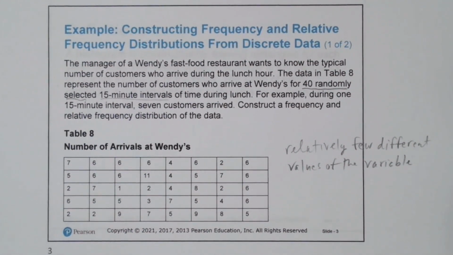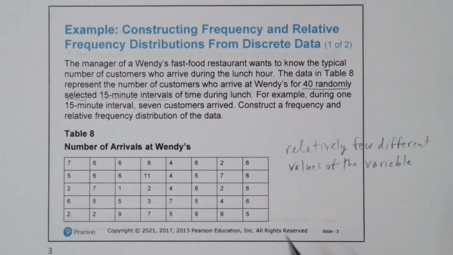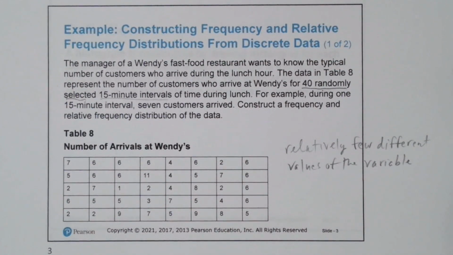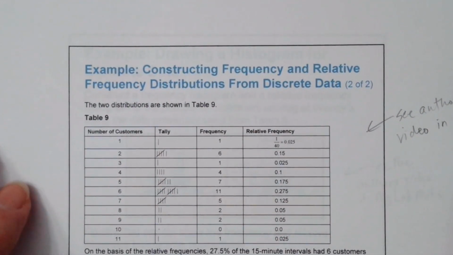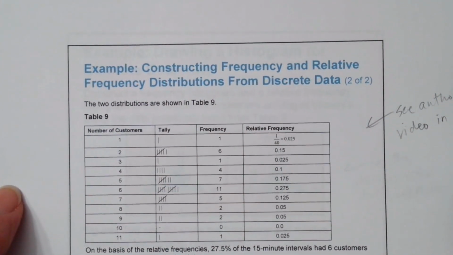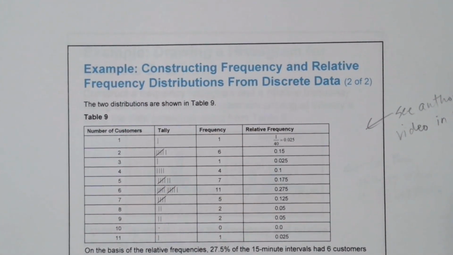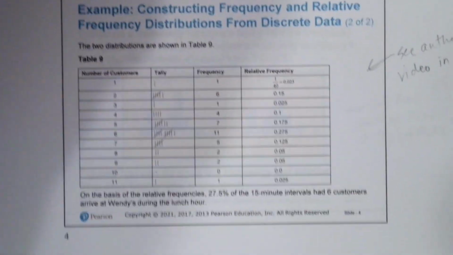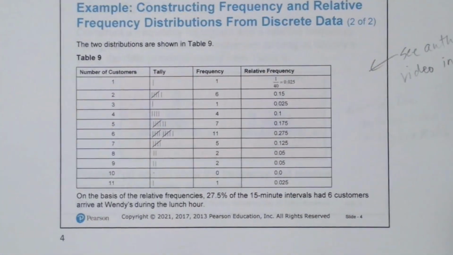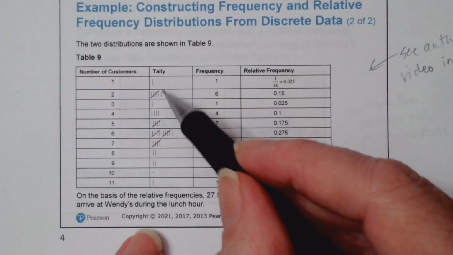All right, so let's go ahead and see what that would look like. Of course, this is our raw data, and the first thing we do is create a frequency distribution for that. And so you could work off the raw data we were just looking at. Let me go ahead and move this down just a little bit. And you can see, you could tally all that up.